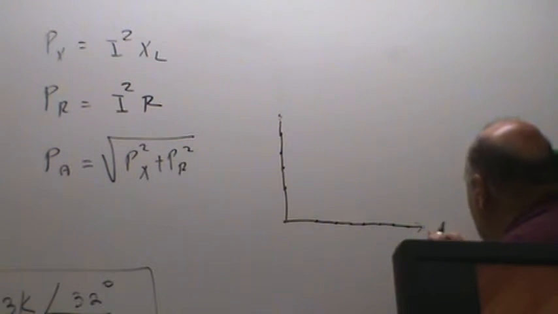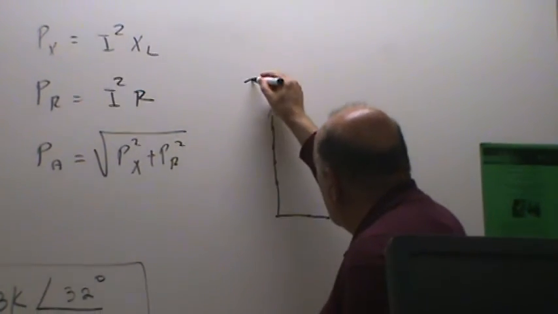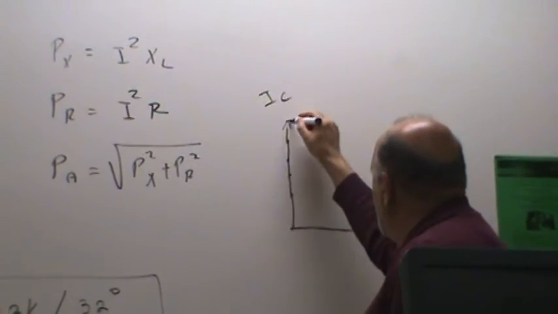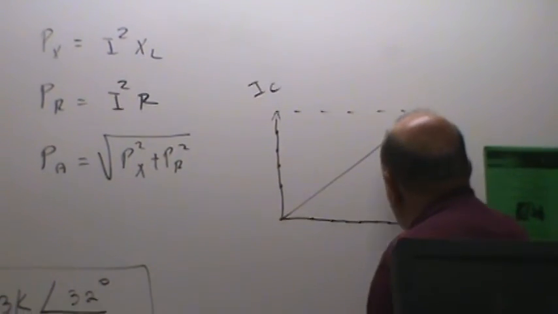I'm just going to change the scale a little bit. This will be I sub R, this will be I sub C going upward, and then over here I total. Notice that's going to be positive now.